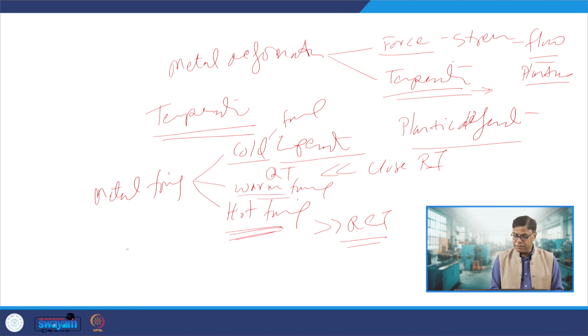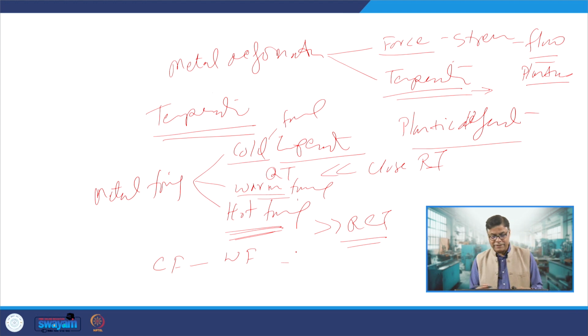As far as the temperature is concerned, cold forming is carried out at room temperature or close to it. Warm forming is carried out between the room temperature and the recrystallization temperature, and hot forming is carried out above the recrystallization temperature.